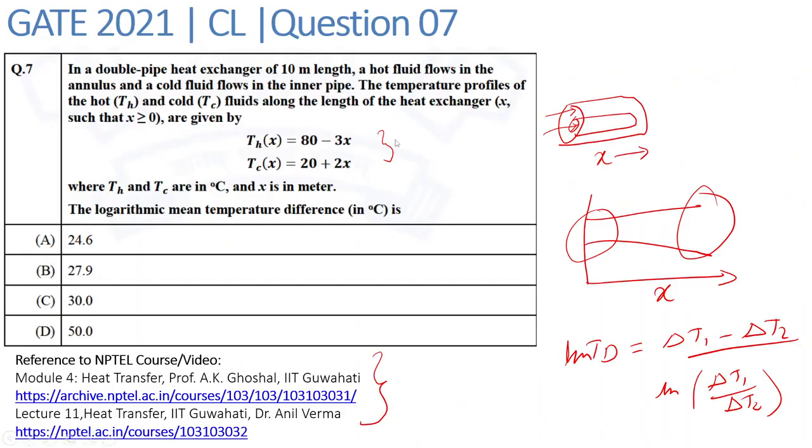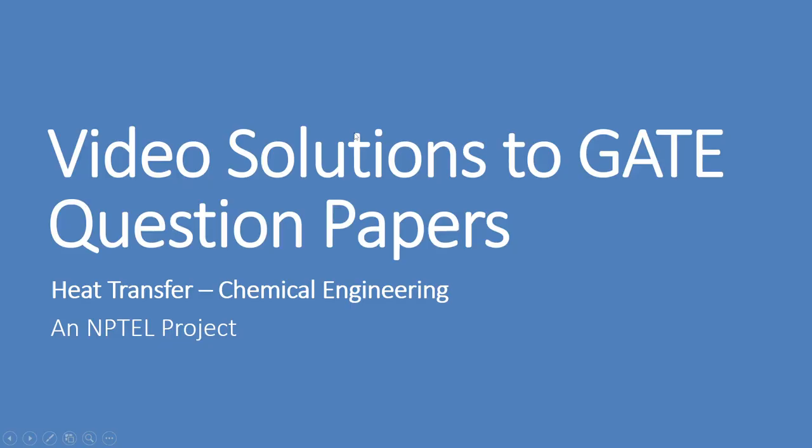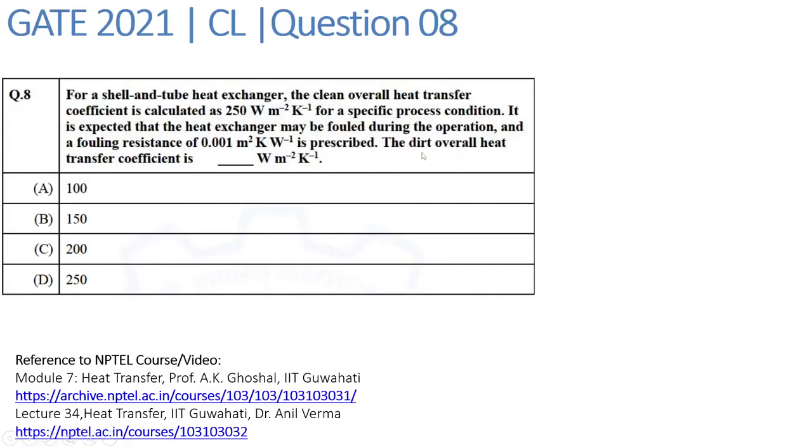The first question was based on LMTD, in which we were asked to find the log mean temperature difference given the temperature profile of hot and cold fluid. From the slopes of both the hot and cold fluid, you have to figure out whether this is a counter current heat exchanger or co-current heat exchanger. In the other question, we were asked to find the overall heat transfer coefficient based on the dirty heat exchanger.